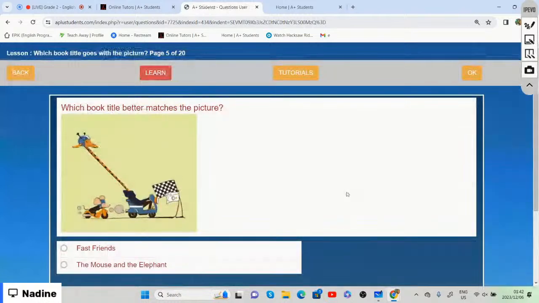So we now need to say which book title better matches the picture. Is it like a racing to see who's going to come first?